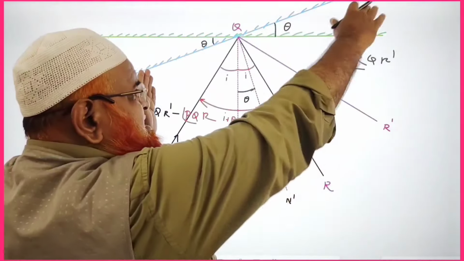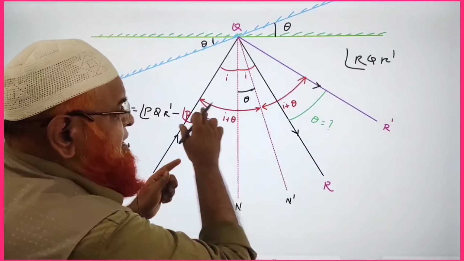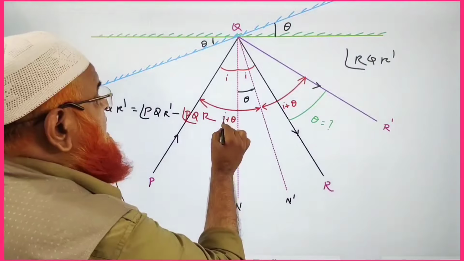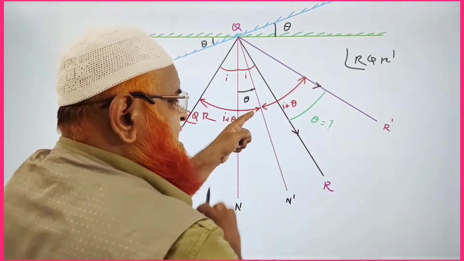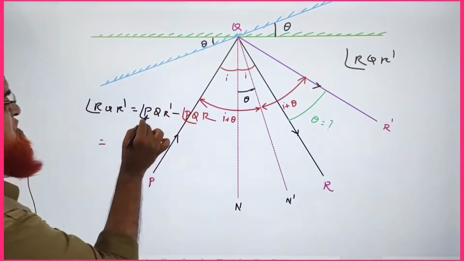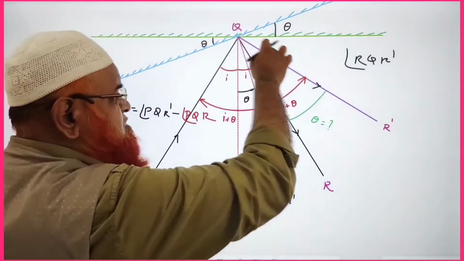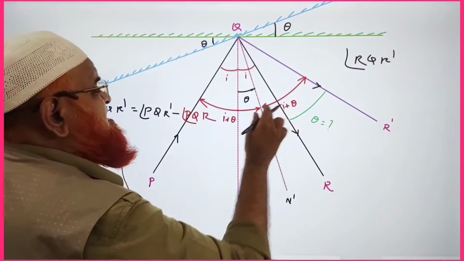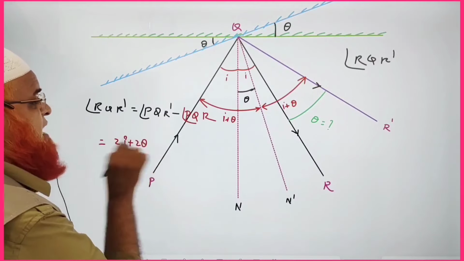But when the mirror is tilted by an angle theta, then the normal gets shifted. Now the new angle of incidence will become I plus theta here. From here to here I plus theta, from here to here I plus theta. Because he has asked us to find out PQR dash, PQR dash is nothing but I plus theta and I plus theta, which is nothing but 2I plus 2 theta.